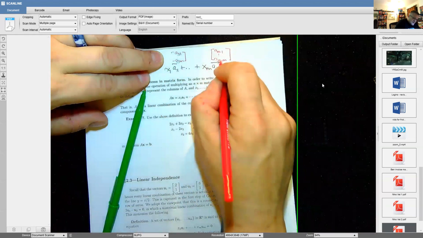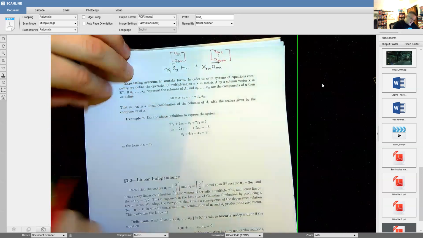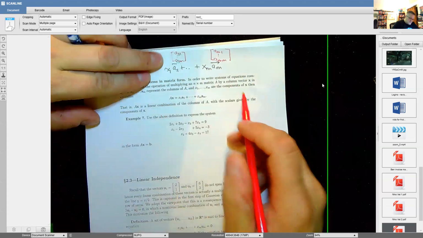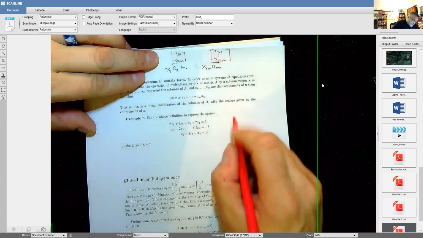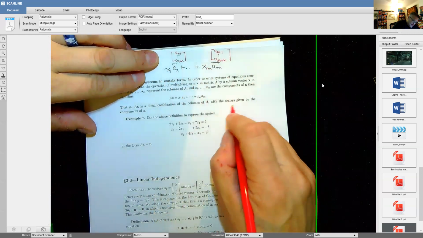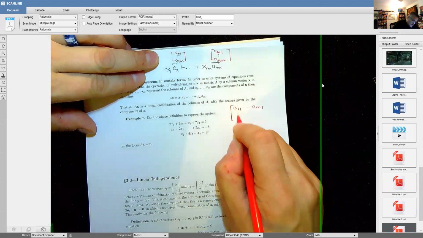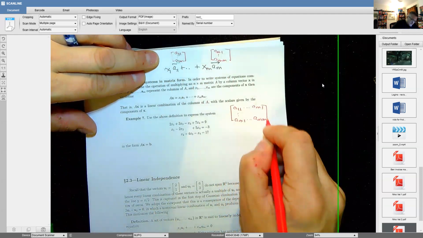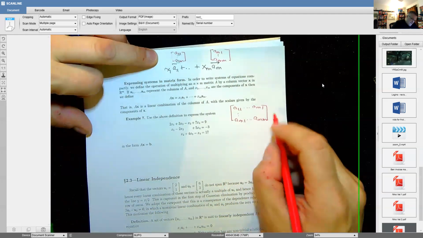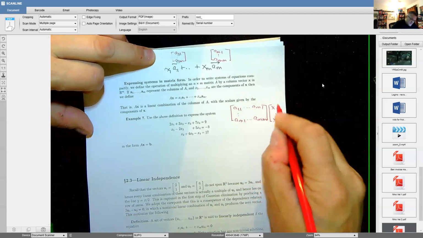Okay, so the m is the same. The last one is keeping track of the number of components. And so what I get, if I were to have multiplied all this out, is an m by m matrix times a vector, x1 through xm, right?